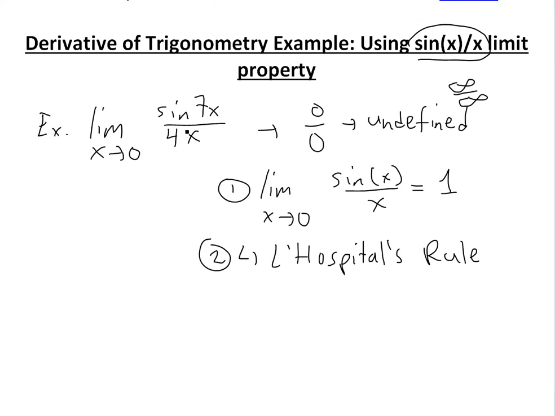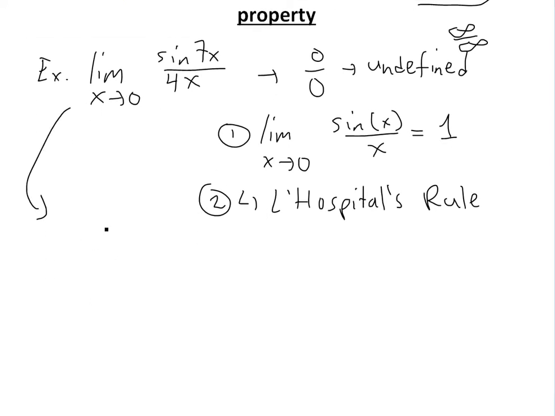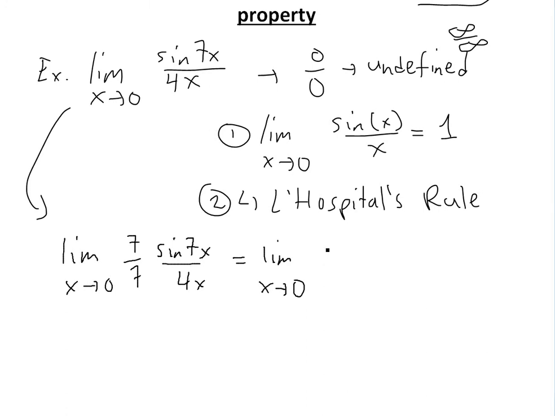If you look at this one, it isn't in the form of the property, but you could write it in that form. First, multiply the top and bottom by 7. So we get the limit as x approaches 0 of 7 over 7 times sine 7x over 4x. Rearrange this, put the 7 in front, so we get the limit as x approaches 0 of 7 times sine 7x over 7x, and flip it around, so 4.